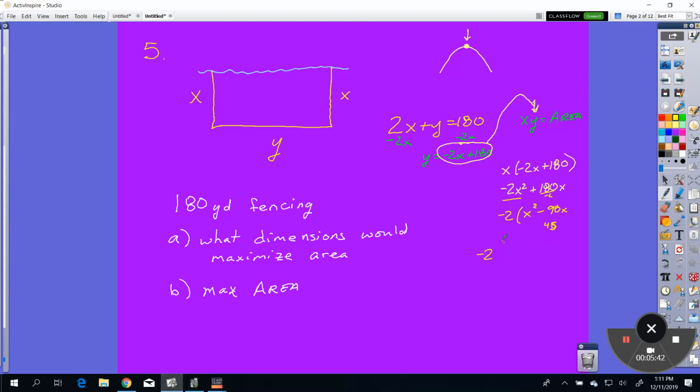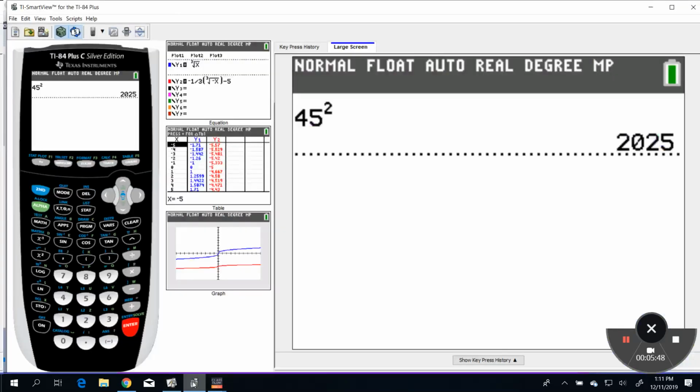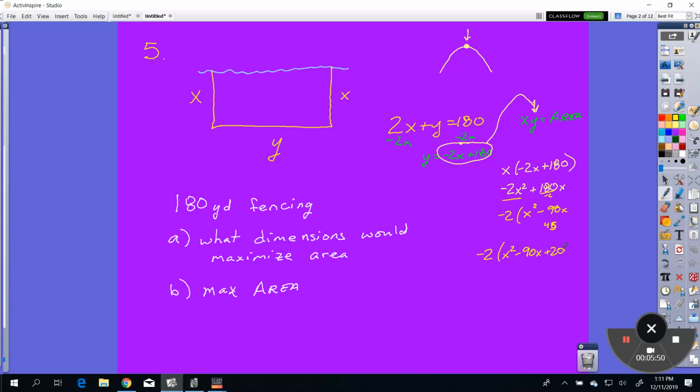So inside of here I have x squared minus 90x. I'm going to add 2025 and subtract 2025 inside of here. And I'm going to only look at this first part right here to factor it. That first part factors to become x minus 45 squared.